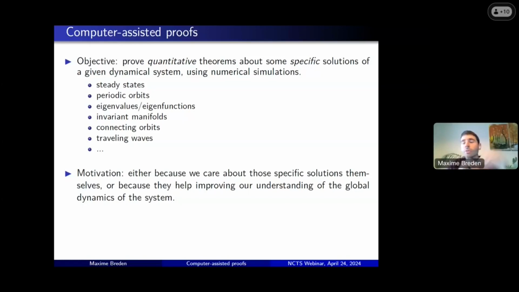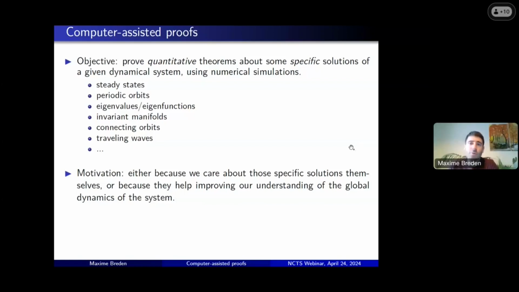Or you view those specific solutions as an organizing block for the global dynamics. Typically, I'll show you examples where you would like to prove the solution exists and say what it looks like, and by hand, at least I don't know any way of doing it, but by combining numerical simulation and computer-assisted proofs, you can sometimes do this.